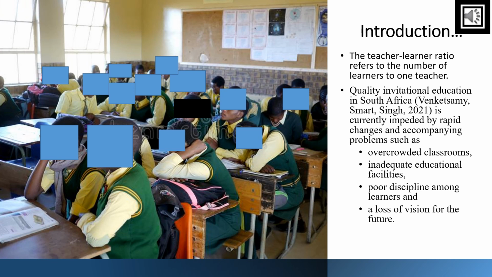According to Venkatesamy, Smart, and Singh, they believe that the teacher-learner ratio has an effect on quality invitational education, and this is impeded by the rapid changes and accompanying problems such as overcrowded classrooms, inadequate educational facilities, poor discipline among learners, and a loss of vision for the future.